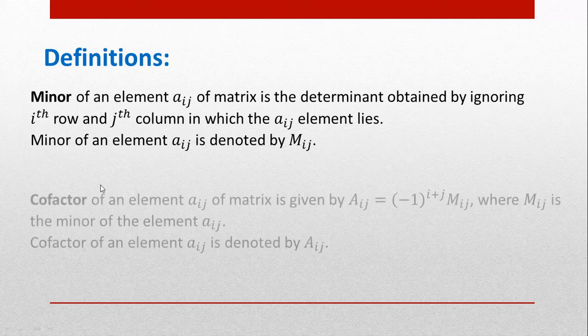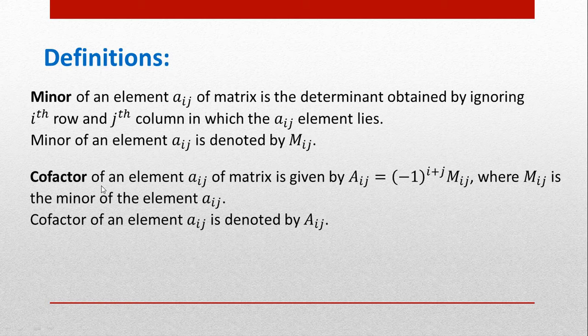Similarly, we will see the definition of cofactor. Cofactor is also related to every element of the matrix. The cofactor of an element Aij of a matrix is generally denoted by capital Aij. And how will you get that? It is minus 1 raised to i plus j, where i is the row number and j is the column number, into capital Mij, where Mij is the minor of element Aij.